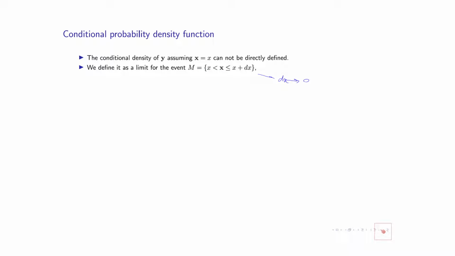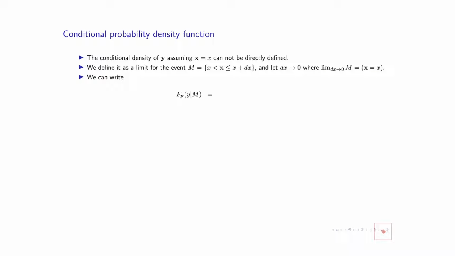So the event M is X being in the neighborhood, in the vicinity of x, and the size of this event is dx, and this is a limiting behavior. Then we let dx go to 0.